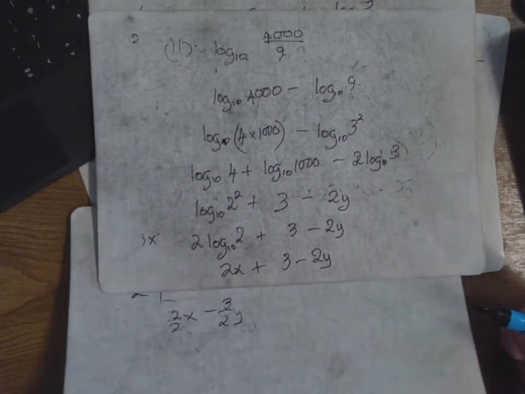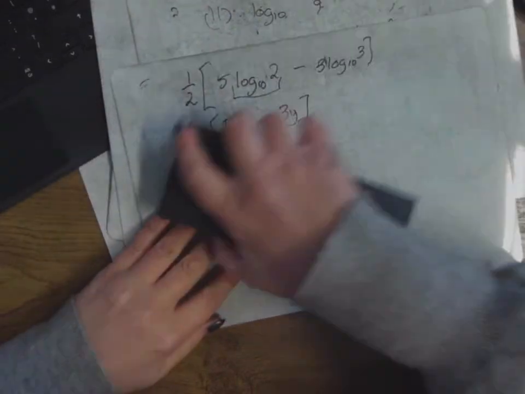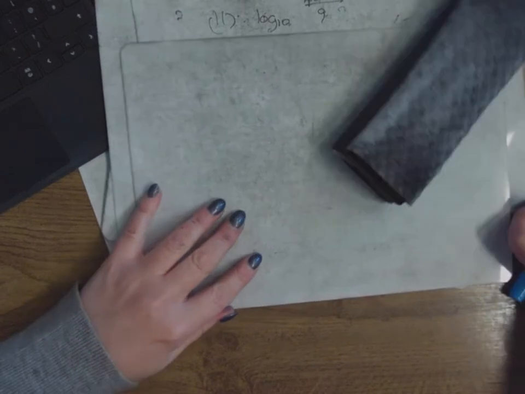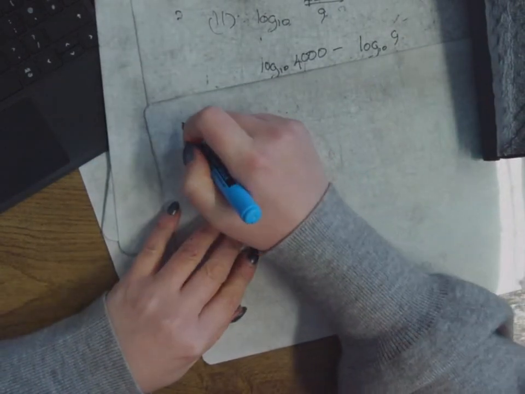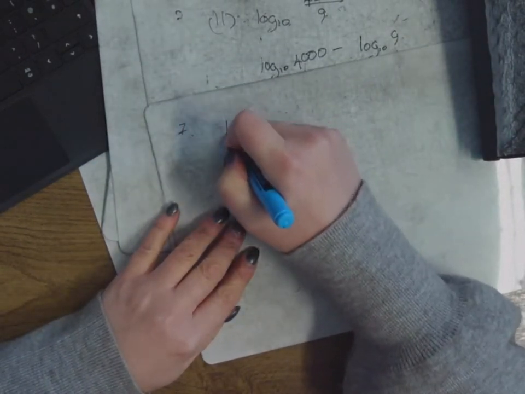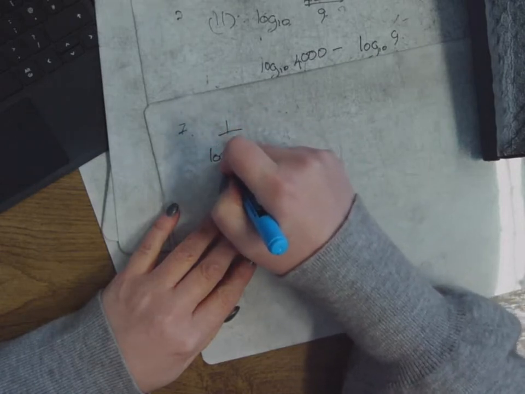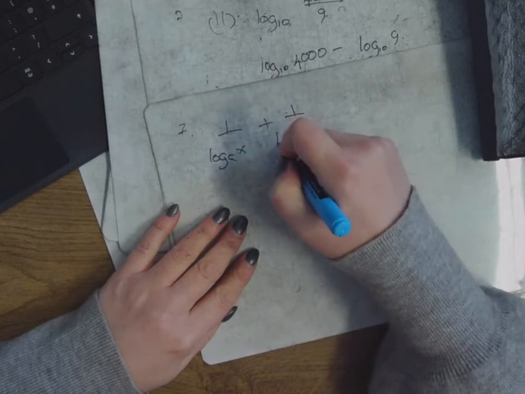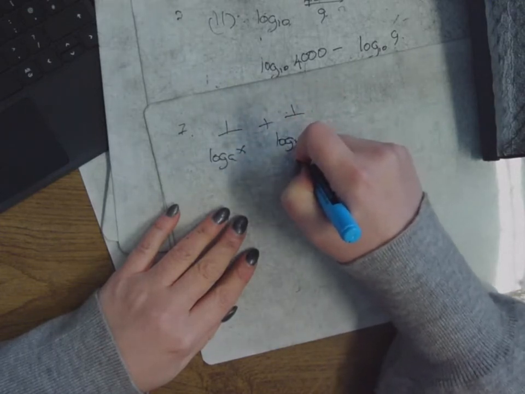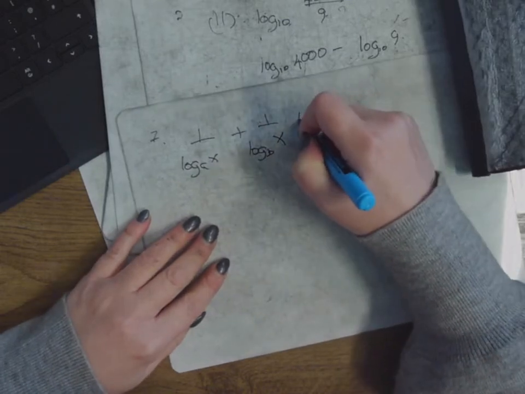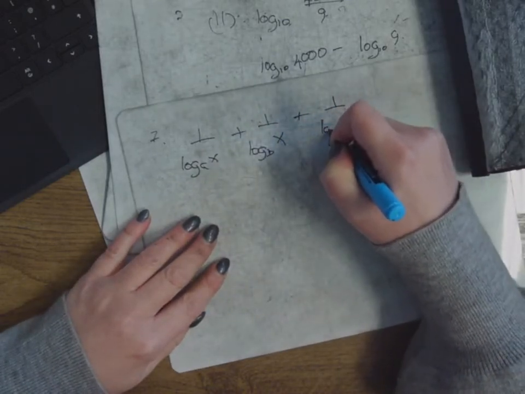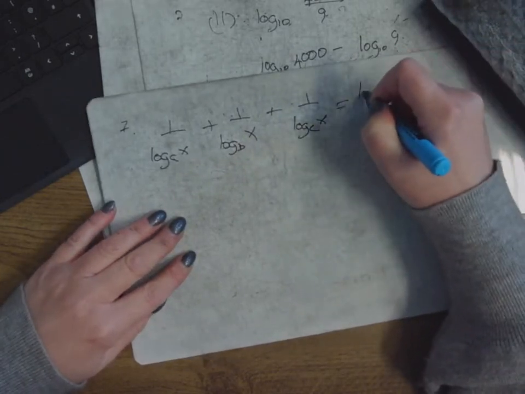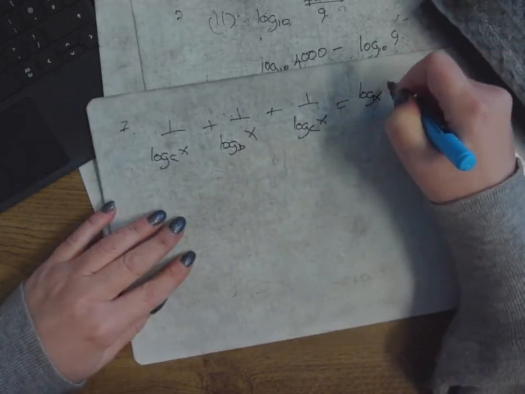Right. Number 7, I presume, yes. Number 7 is 1 over log of x to the base a, plus 1 over log to the base b of x, plus 1 over log of x to the base c, and you're trying to turn that into log to the base x of abc.